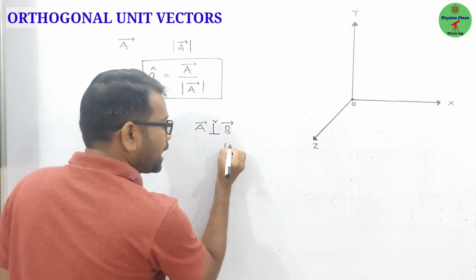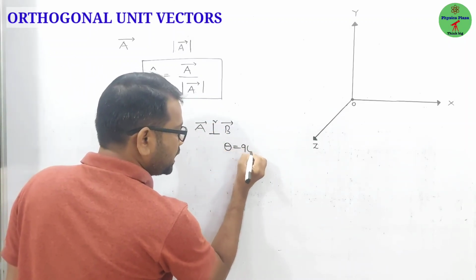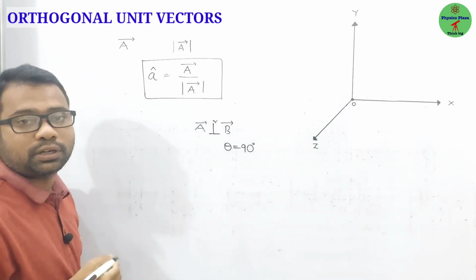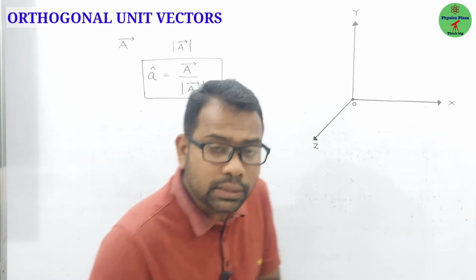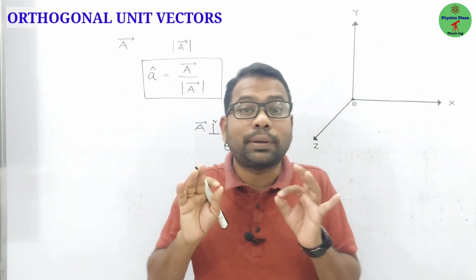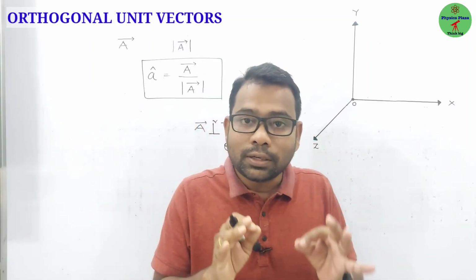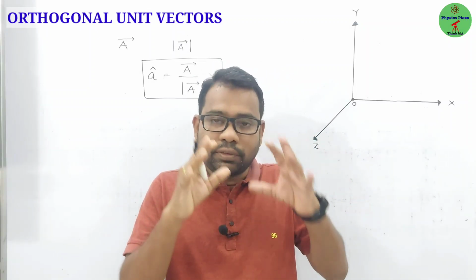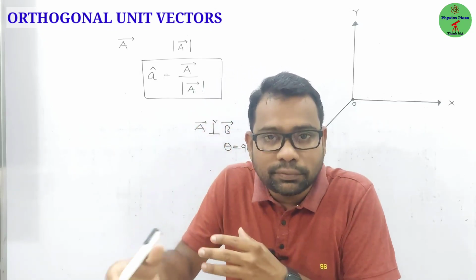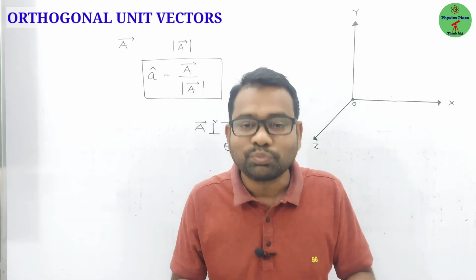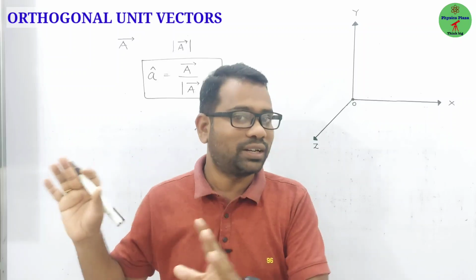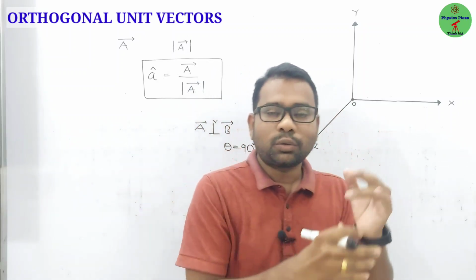It means the angle between the two vectors must be 90 degrees. It's very important. So the vectors which are mutually perpendicular to each other are called orthogonal vectors. If the angle between the two vectors is 90 degrees, then the two vectors are called orthogonal vectors.